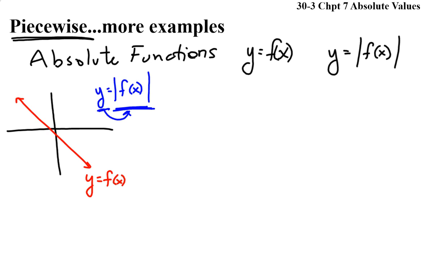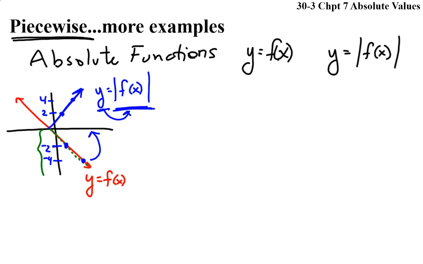So all of this portion here of the graph where we're into y values that are negative, our absolute graph would take all of those values and reflect them so they become positive values. So this point here, let's say it was at y negative 2, it's now at y positive 2. And if we had this point here, which is at y negative 4 maybe, it's now going to be reflected to be at y positive 4.